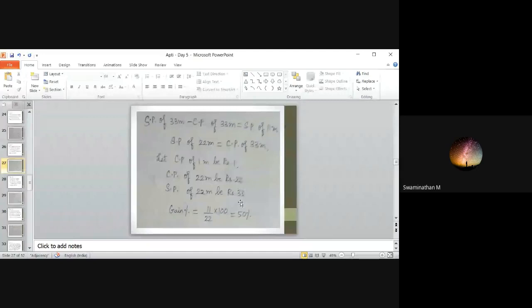So the difference is 11. So the profit amount is 11 and the cost price is 22. So the profit percentage, or gain percentage, will be 50%. If you have done up to this, it is then easy. It is similar to the previous problem. Understood?